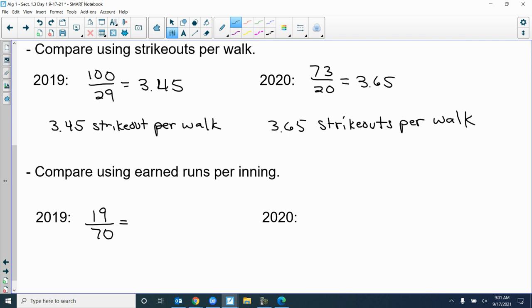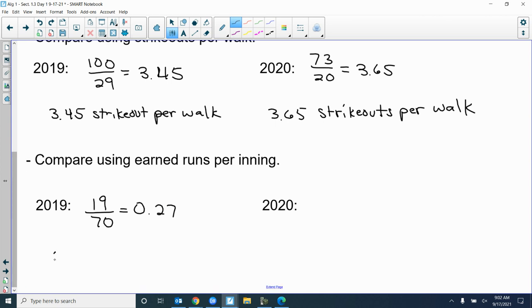What is 19 divided by 70? Nearest 100. It's going to be a decimal, obviously. 0.27? Okay, so 0.27 earned runs per inning.